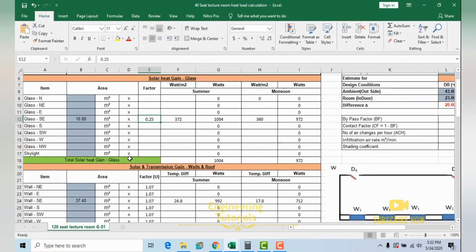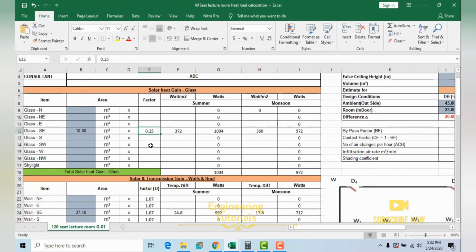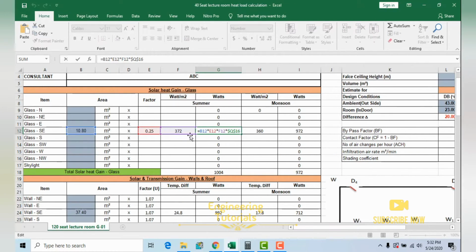If you have other wall exposed, same way you can get the cooling load factors. So what we have to do now, we have to multiply this area with cooling load factor with solar heat gain factor maximum into shading coefficient. So this is the formula we have used, shading coefficient into solar heat gain factor maximum into cooling load factor into area.